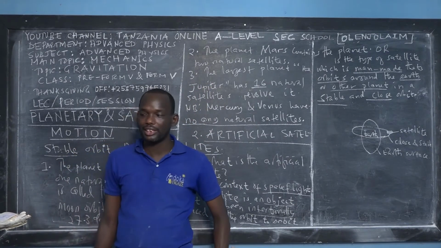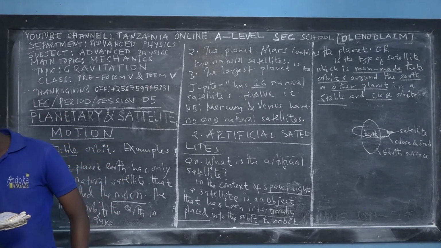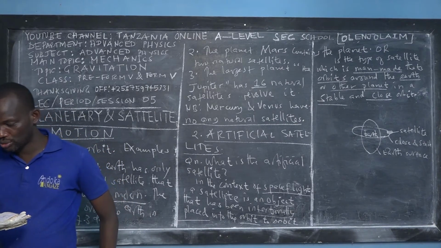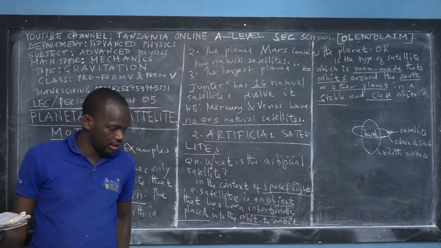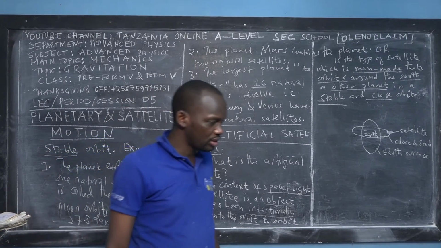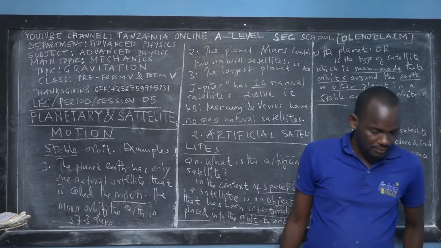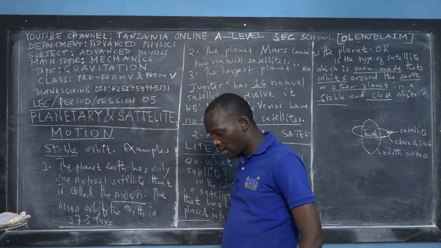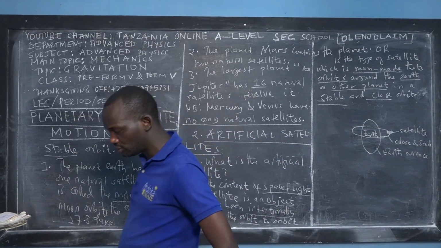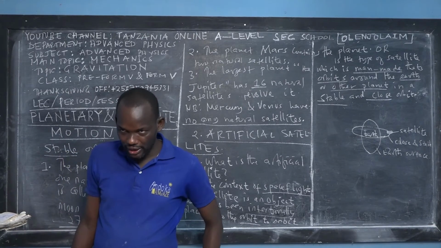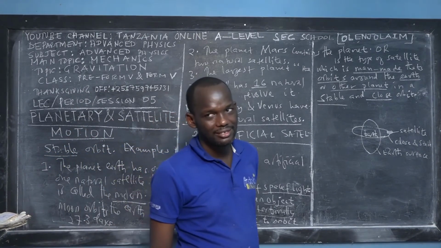Okay, so that's all about the definitions of artificial satellites. I believe that now you have understood the subject. We have many examples of artificial satellites. According to the NASA document, up to this day, meaning 2021, 40 countries in the world have already launched more than 8,000 artificial satellites.